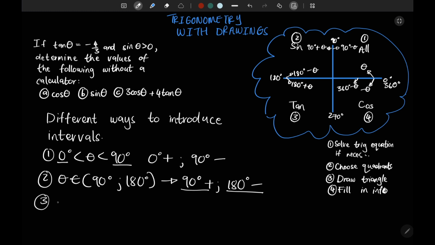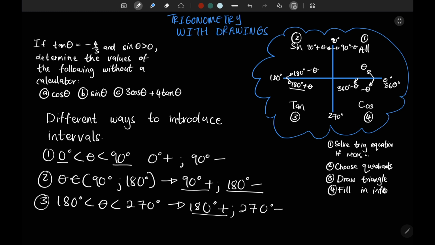The third way, let's try an example. Let's do 180 smaller than theta smaller than 270 degrees. What this means is that we have 180 degrees plus and 270 degrees minus. On your case diagram, where's 180 plus?